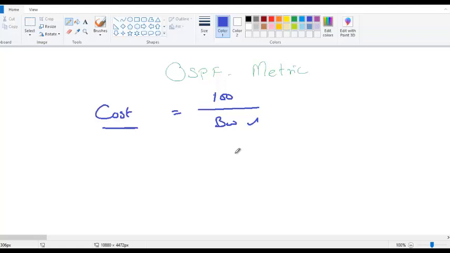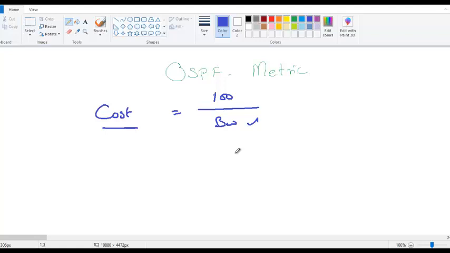ISIS is the other link state routing protocol we have, Intermediate System to Intermediate System, which will never calculate the cost dynamically. It won't consider bandwidth first of all, nor delay, nor maybe hop count. We'll talk about that when we go there in CCIE level, when we learn ISIS.